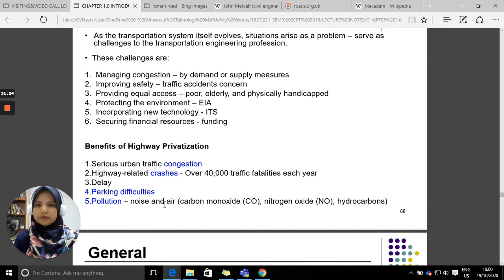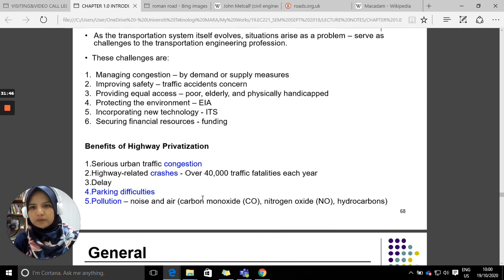So this is good, especially to handle the serious traffic congestion in Malaysia, to also reduce the highway-related crashes, to avoid the delay, to solve the parking difficulties, and also about the pollution.